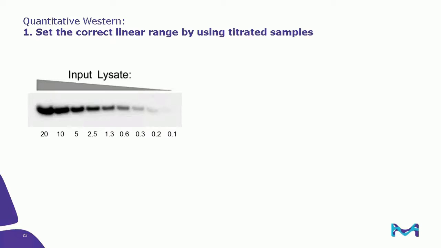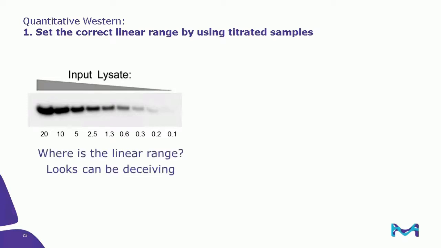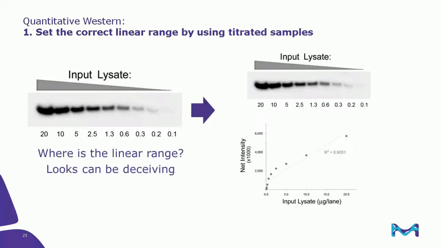When only two protein bands are compared, and often this is what we see in publications, it is very difficult to ascertain whether two protein bands are really different or the same, particularly when results are shown outside of the linear range. Here's an example of 2x serially diluted tissue samples. As you can see, while the serially diluted samples gives an impression of protein signal linearly corresponding to the input amount of lysate, the measurement of actual event intensity can be quite different.